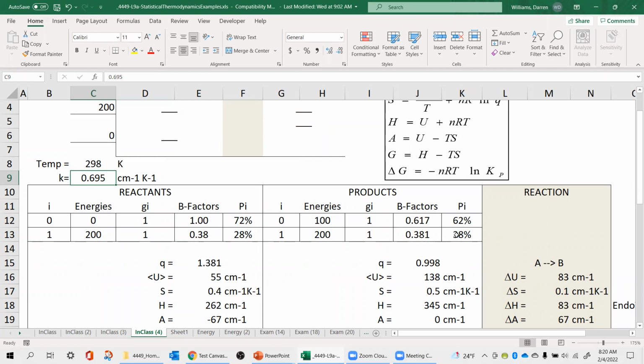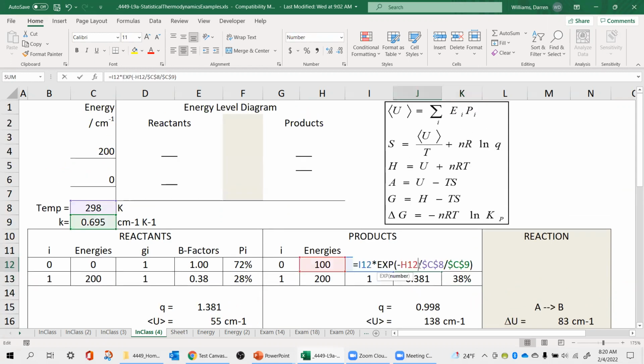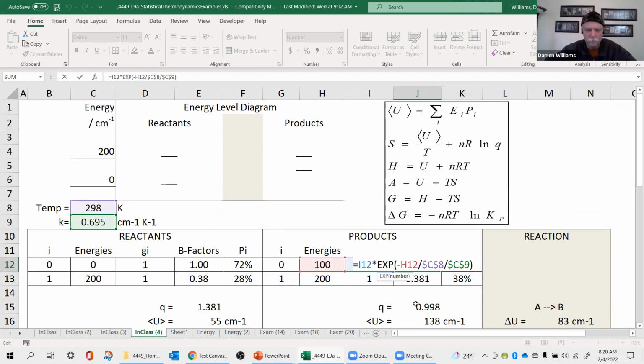Sorry, I'm looking. So you're saying you get a 45 here instead of a... Yeah, so the partition function and the probability, I got... let me do it this way. For my energy divided by kT, I did 100 divided by 0.695 times 298, and I got 0.48.